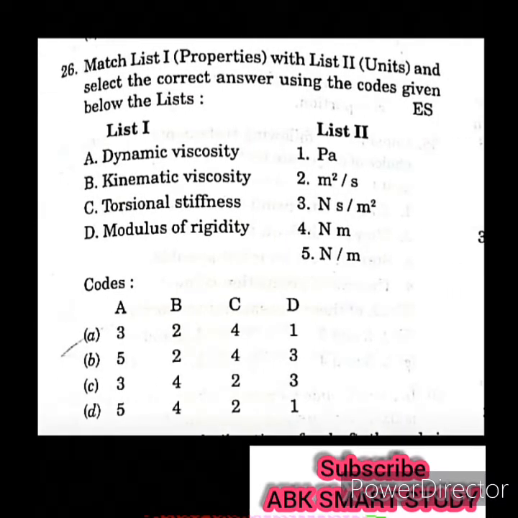Match list 1 properties with list 2 units and select the correct answer using the codes. So here we are matching the units of the given properties. First is dynamic viscosity. We know dynamic viscosity is Newton second per meter square.